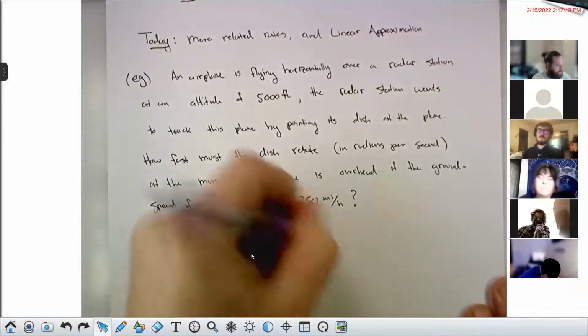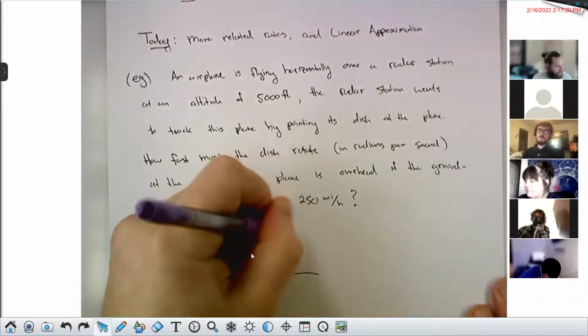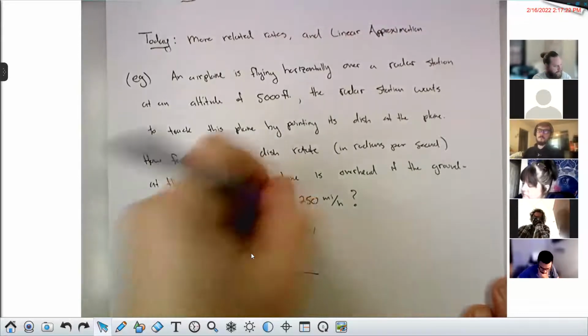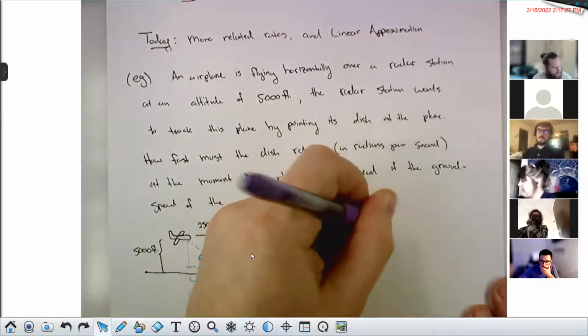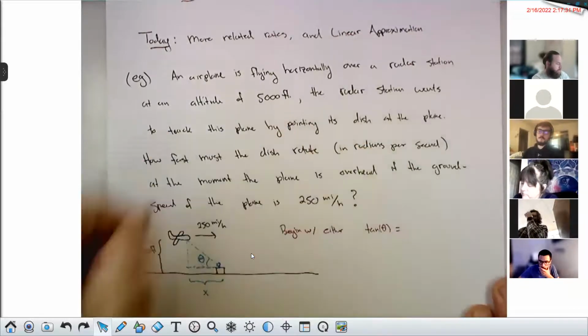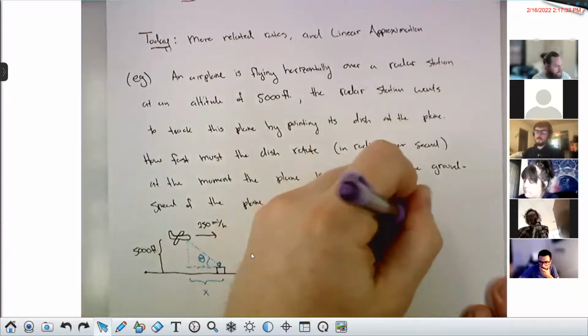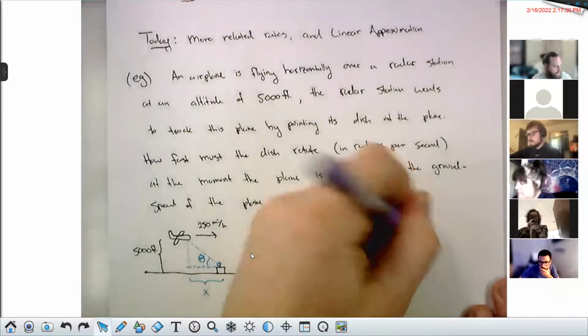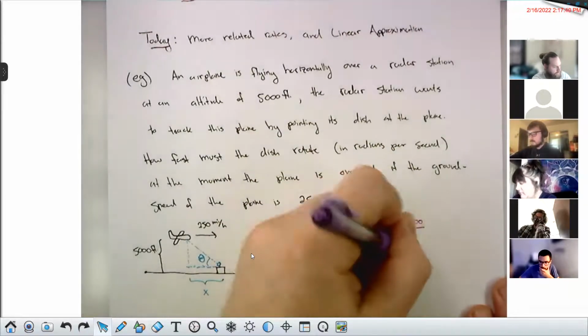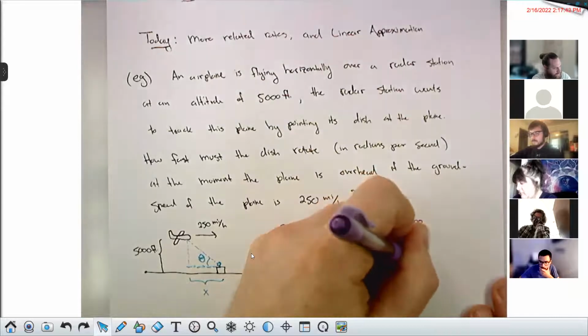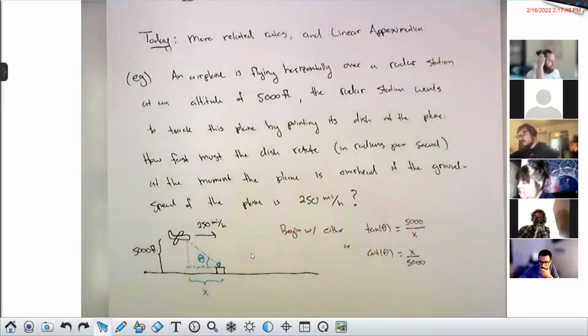We could begin with either tangent of theta, which would be 5,000 over x, or the cotangent of theta, which would be x over 5,000. Totally up to us.